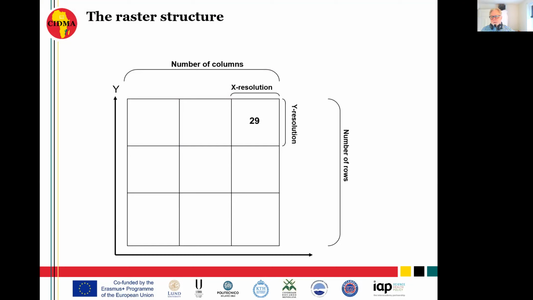Passive remote sensing data are stored as raster data and built up by this type of matrix, where we have columns and rows, and inside those we have the different pixels. Each pixel has a certain value that is related to the energy that has been reflected in that area on the ground.